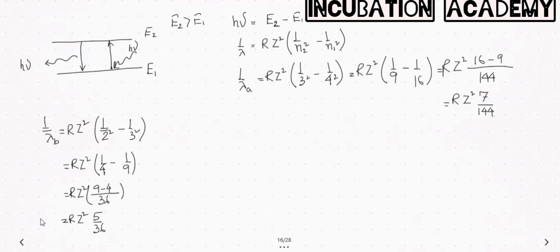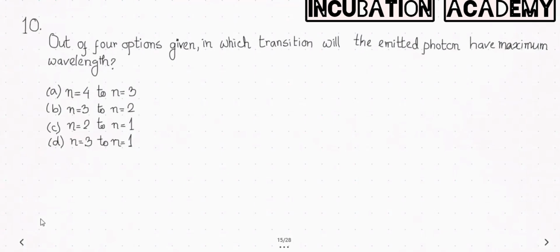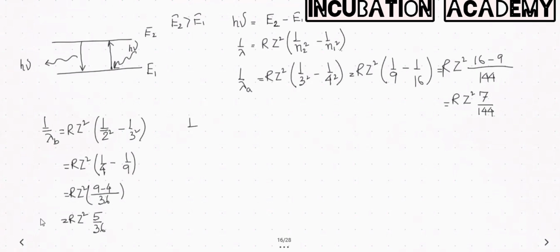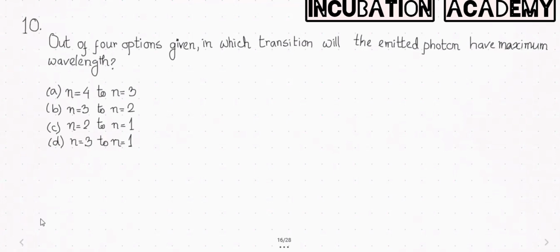Now what is option C? n equal to 2 to n equal to 1. So 1 by lambda C equals Rydberg constant, Z square, 1 by 1 square minus 1 by 2 square. So R Z square, 1 minus 1 by 4, which is R Z square, 3 by 4. The last option, D, is n equal to 3 to n equal to 1.